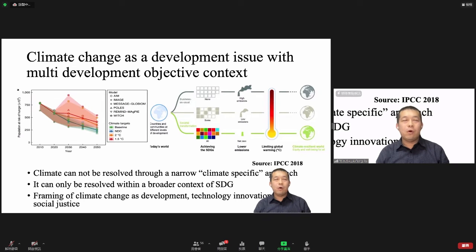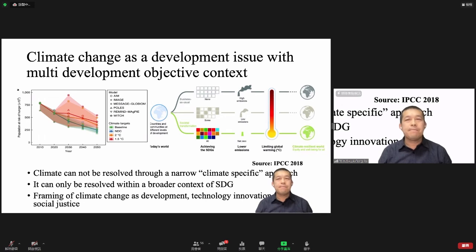One example is the impact on food security and hunger, which are two important SDG goals. The left figure shows that under the 1.5 degree scenarios, the population at risk of hunger might be much higher.